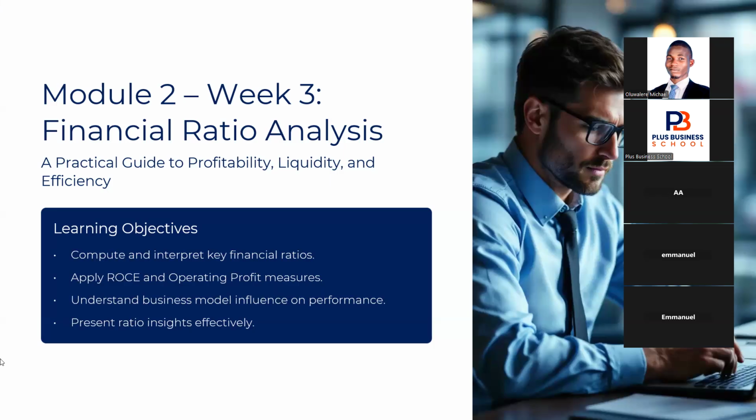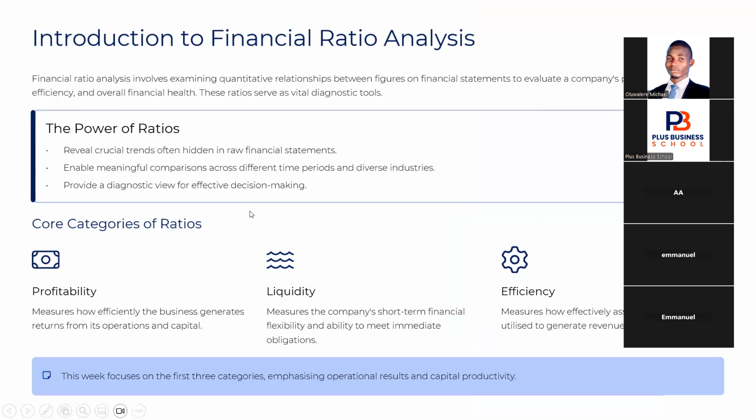You also understand how to apply return on capital employed and operating profit measures, the business model influence on performance, and you would also be able to present your ratio insights effectively.